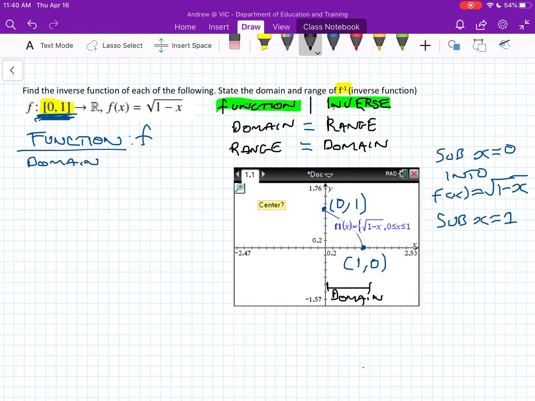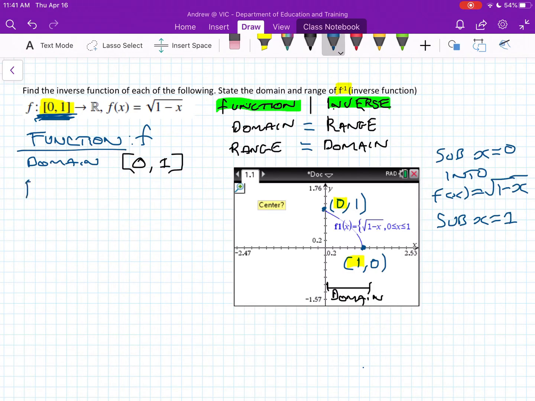We can see it starts at 0 and goes to 1. Take note of the brackets used where it's restricting the domain. They're square brackets, so that means it's including these values. So our domain goes from 0 to 1.